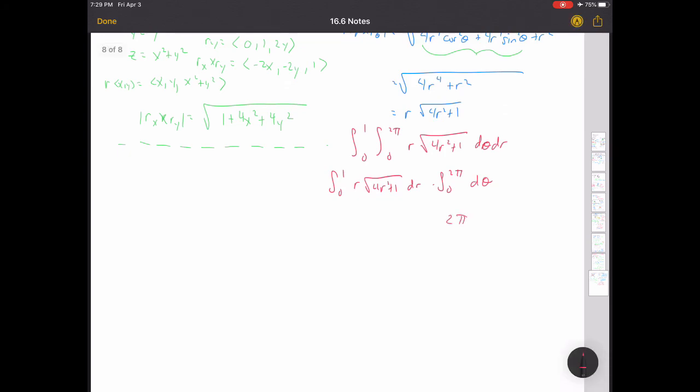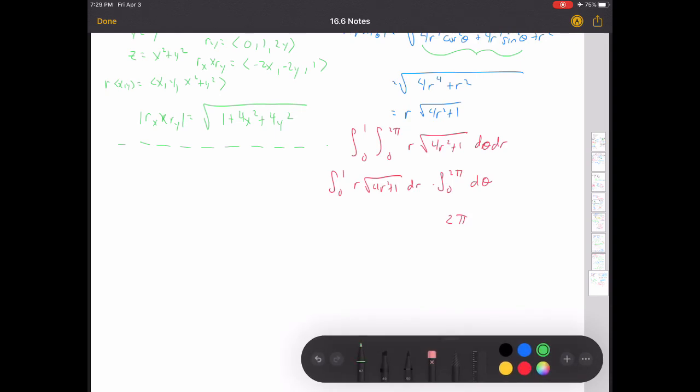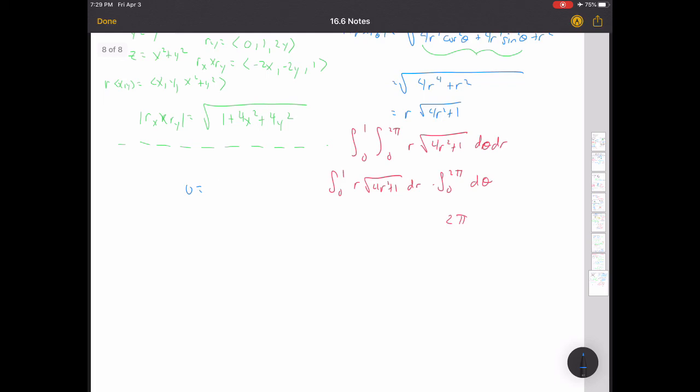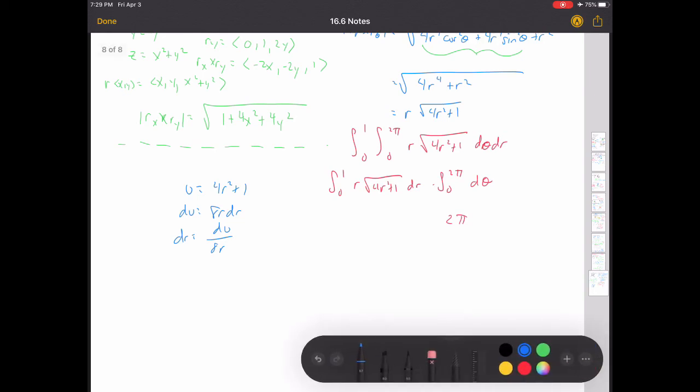For this one, we're going to need to do a u substitution. And again, we need to show this process. So u is going to be 4r squared plus 1. du will be 8r dr. So dr is du over 8r. I think I'm going to change the bounds on that one as we go as well.